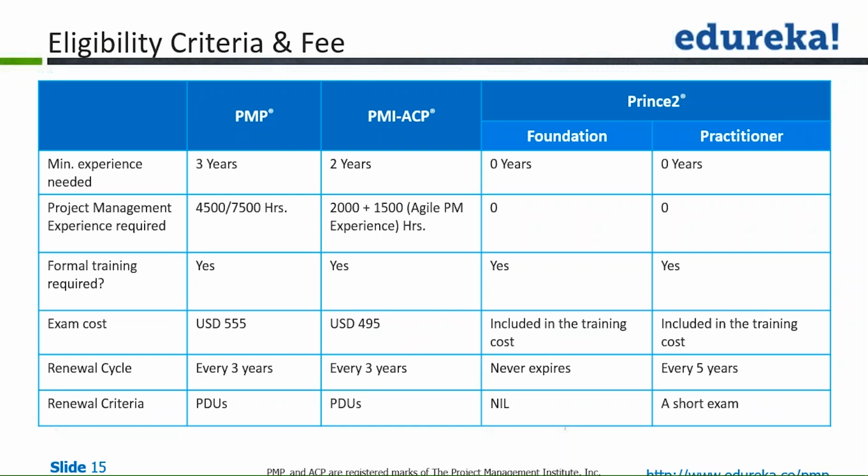So Yuvraj is asking, CSM, how does it really differ from ACP? Which one is better? Again, Yuvraj is asking a question which, I should not put it this way, whether Agile is better or software development is better or CSM is better. As I told you, the Agile approach or PMI ACP certification is for managers, on how they are going to lead and manage the project, whereas Scrum is an approach which will be adopted by the team.